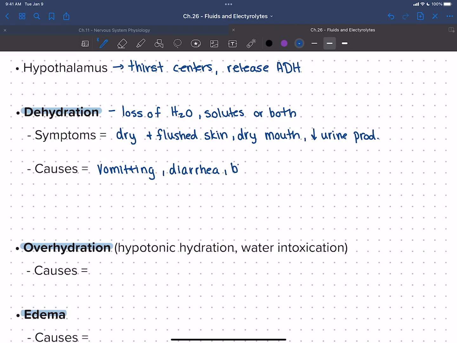So blood loss, right? Sweating, obviously. We can lose water through sweating and become dehydrated that way if you don't replace that water that's lost, and also just not drinking enough water, right? So water deprivation.